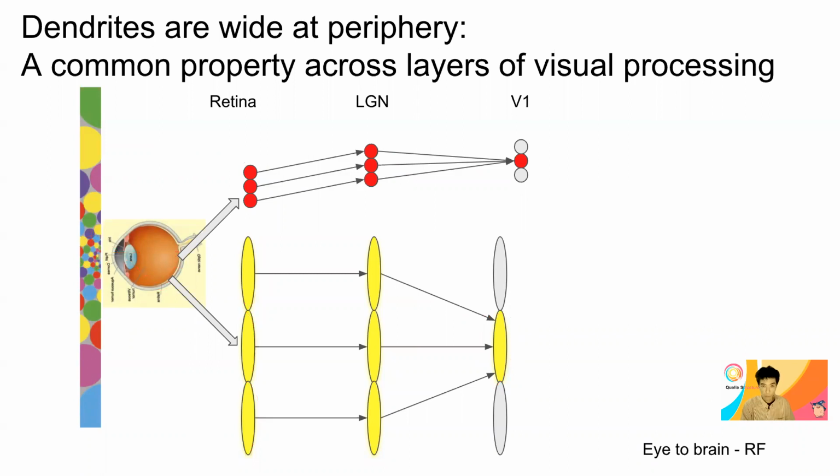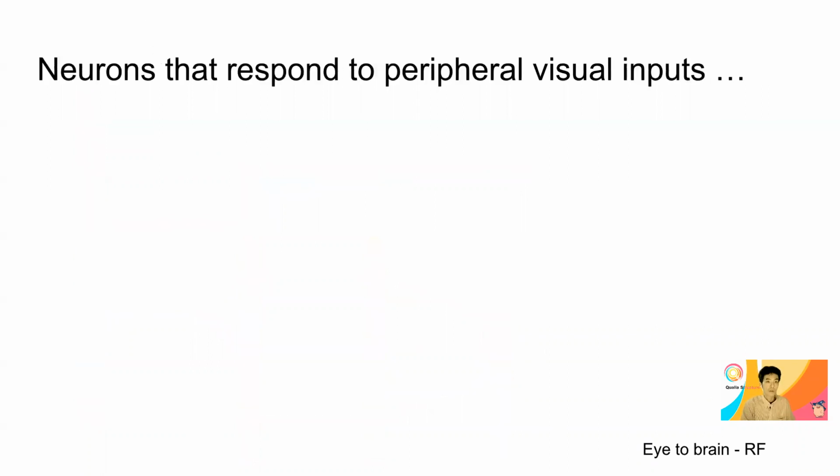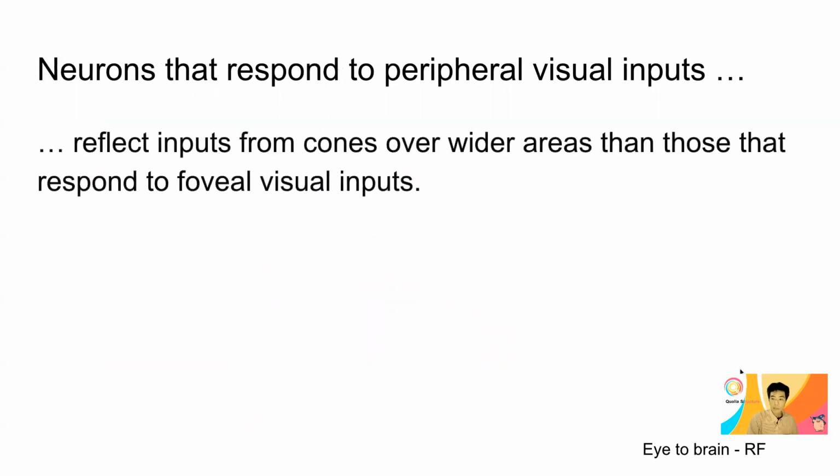So to summarize up to here, neurons that respond to the peripheral visual inputs reflect the inputs from cones over wider areas than those that respond to the foveal visual input. Because at the fovea, the receptive field is very small, but at the periphery, it captures lots of cones and cone outputs.